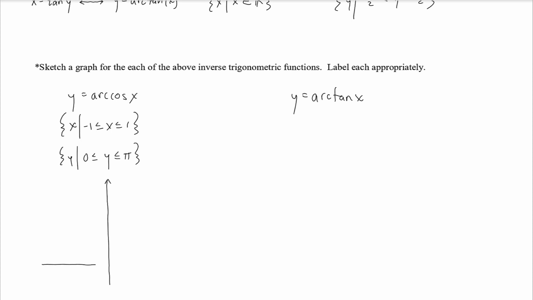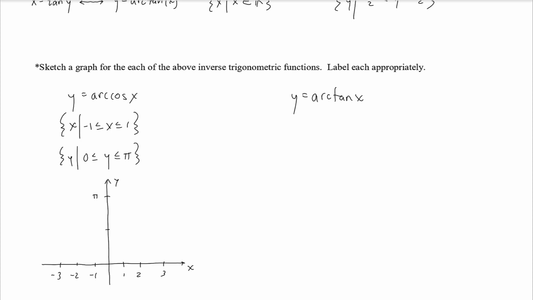Right, so pi is a little bit bigger than 3. So if we do that, that'd be pi over 2. If that's 3, then okay, so that scale should fit everything.